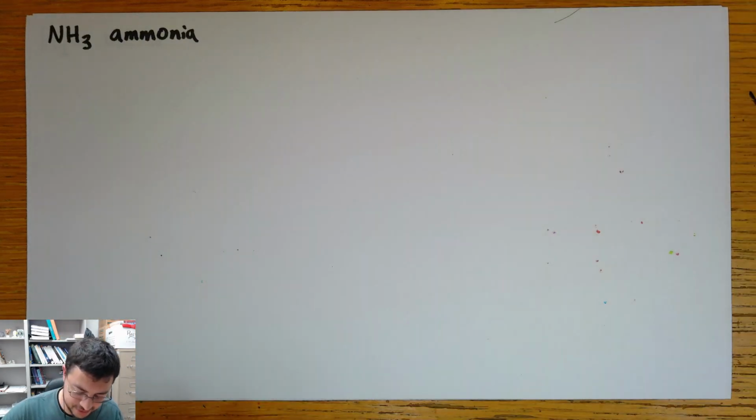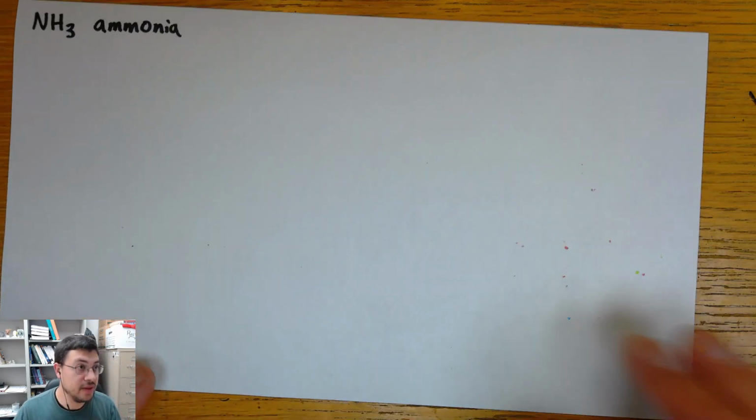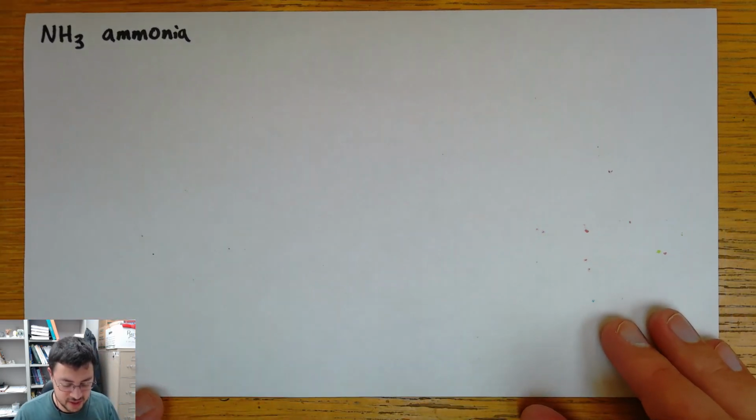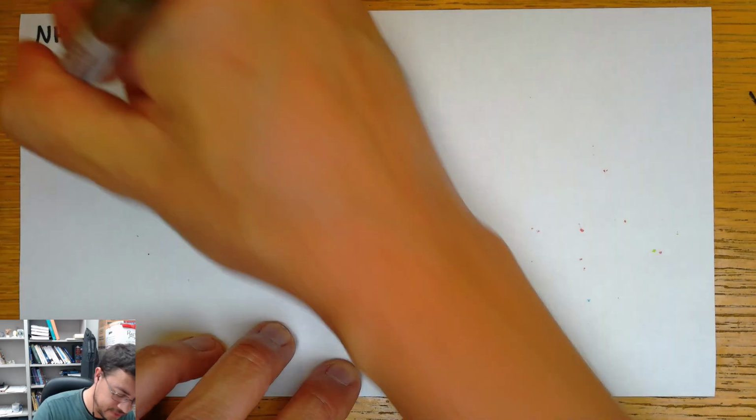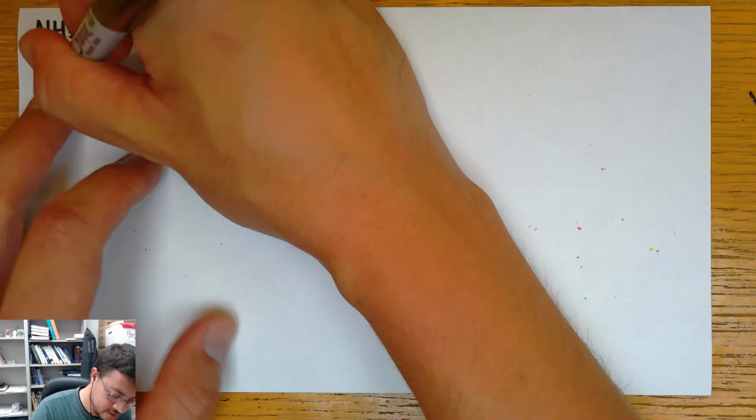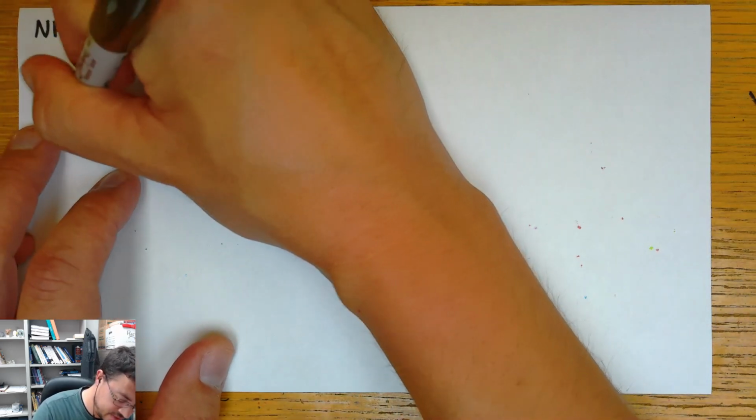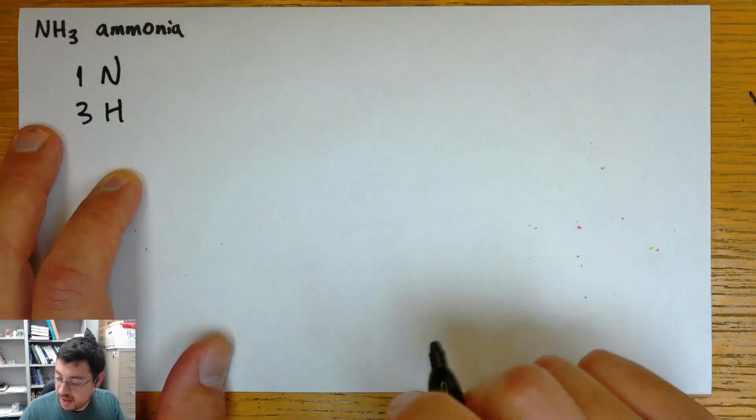Oh, I got page bleed through going on. I better do this. All right, we got ammonia, NH3. 1 nitrogen, 3 hydrogens.